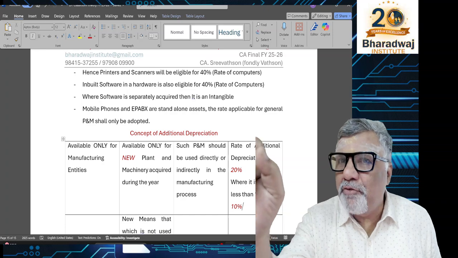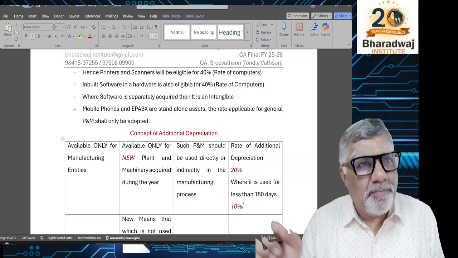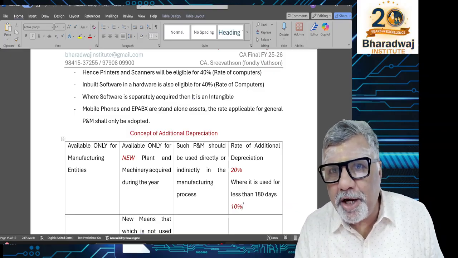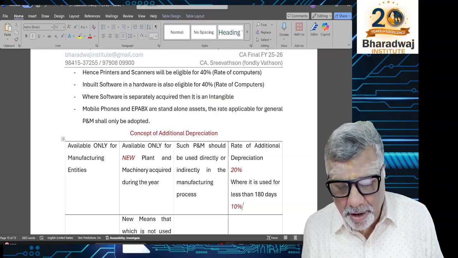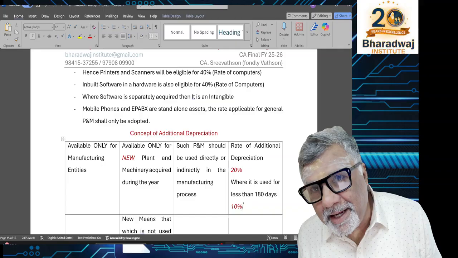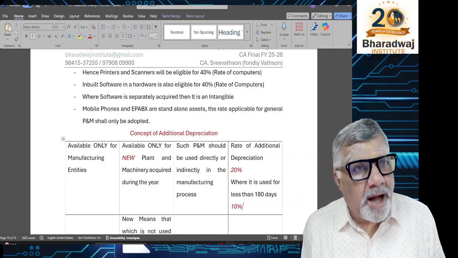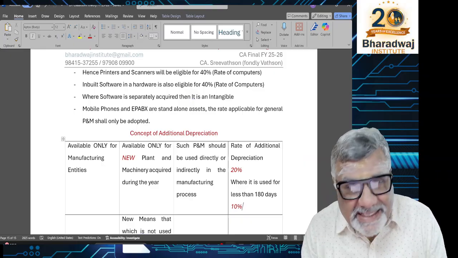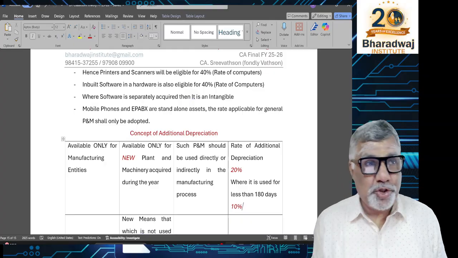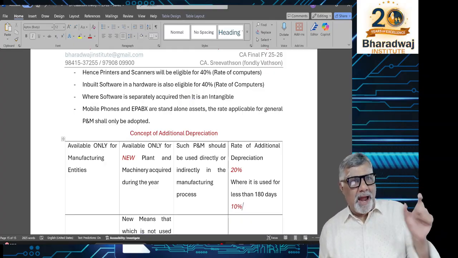I am having a forklift which I am using in my factory for bringing raw material from the raw material godown to the manufacturing place. Can I claim additional depreciation? Yes. A computer used for testing of quality? Yes. So why I am stressing the word P and M, plant and machinery.